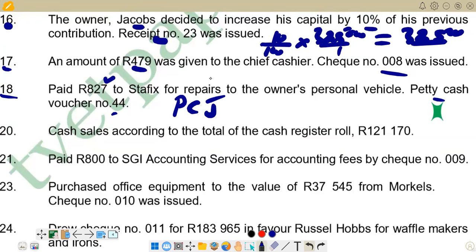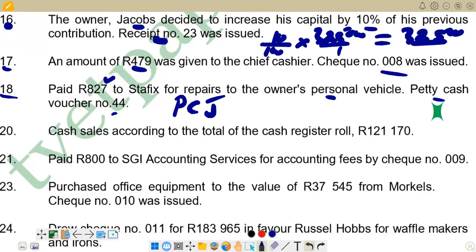So we are just going to enter those details there. These are repairs of the owner's vehicle, but these repairs are for drawings because they are for a personal vehicle. Everything that is paid for personal use by the owner becomes a drawing. So we have got a column for drawings on the petty cash journal where we're going to put that one.